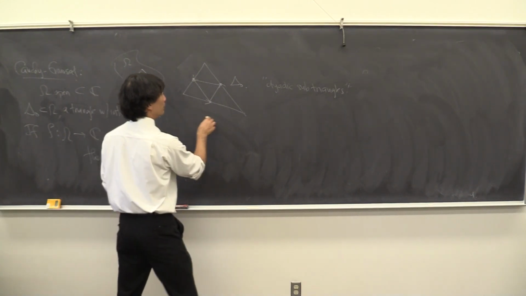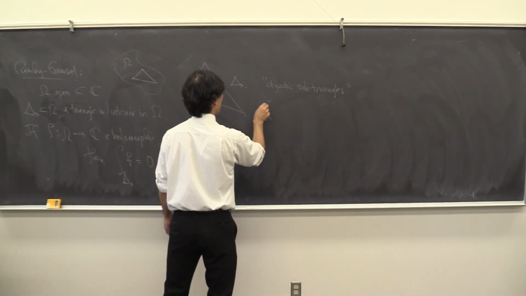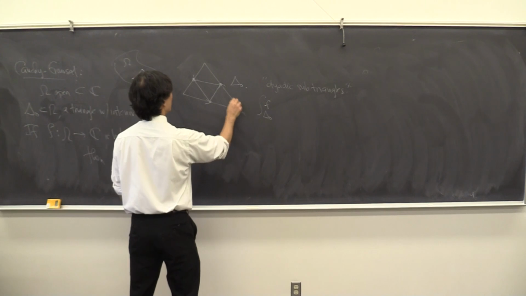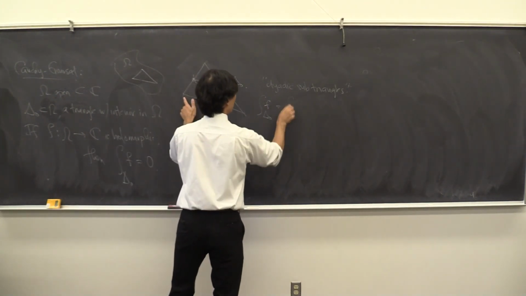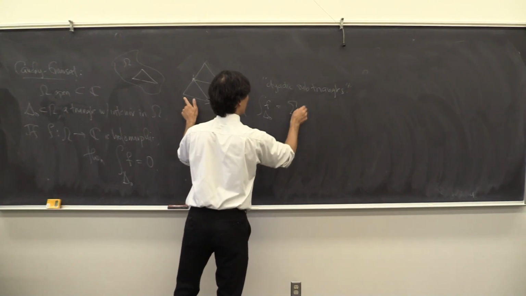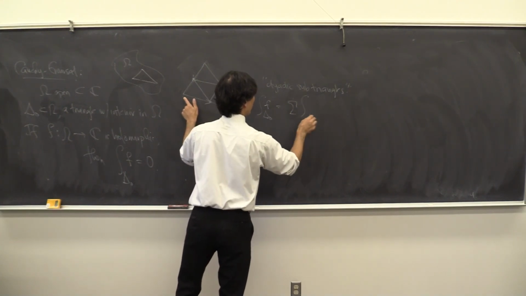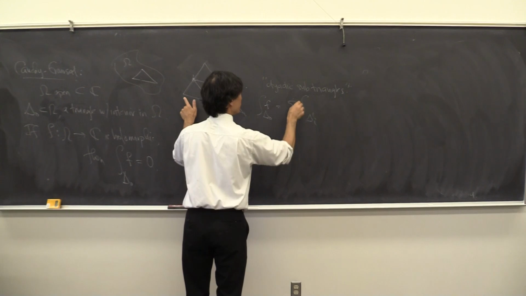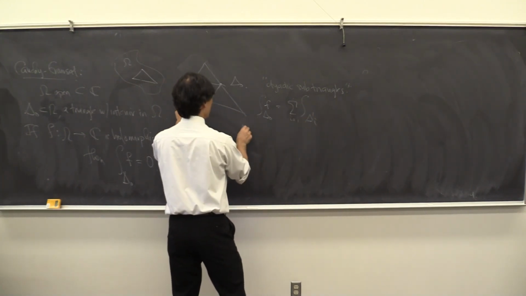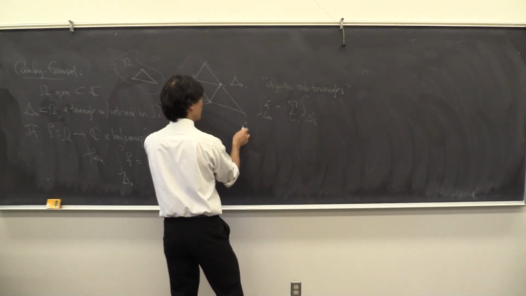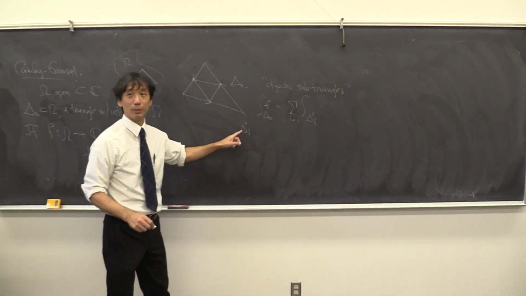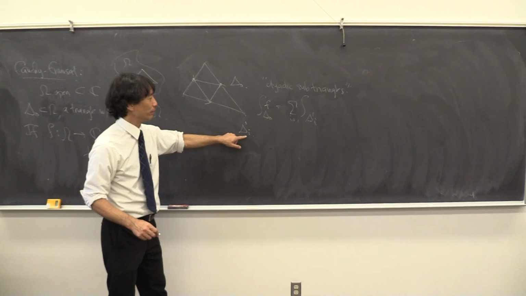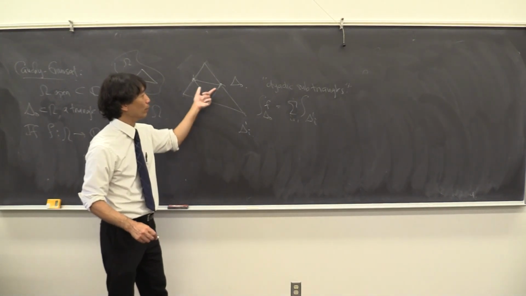And you notice that the integral over the big one, if I go like this, is the same as the sum over the paths for the sub triangles. I'm going to call them delta 1 sub i, where i goes from 1 to 4.